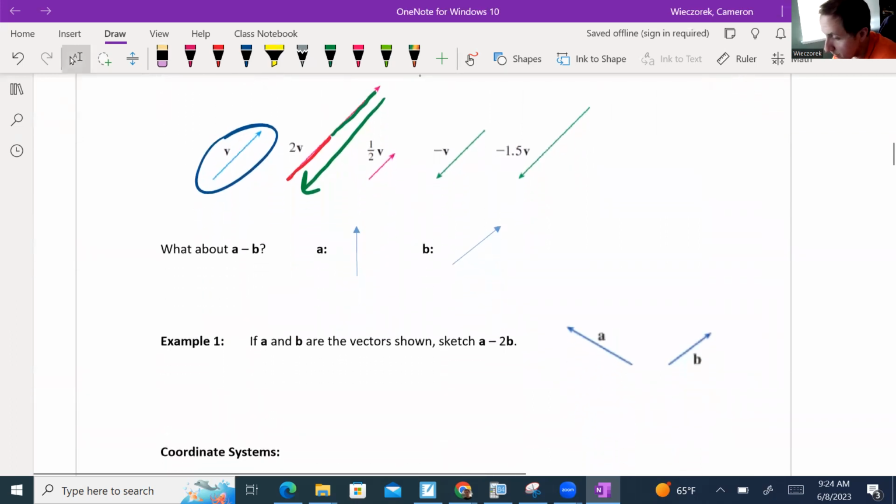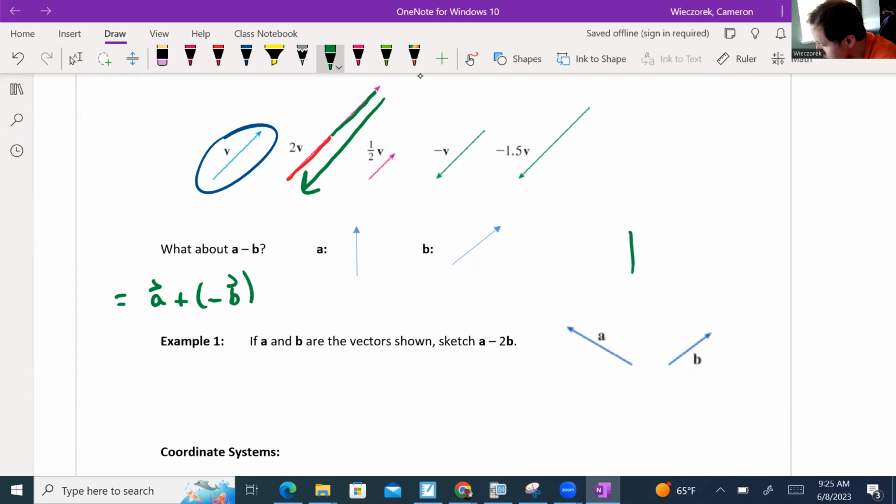So that kind of gives me a way to be able to graph subtraction. If I wanted to graph A minus B, well, I'm just going to think of that as adding negative B. So I'm going to go to A. There's A. Here's B. So I'm going to think about what negative B would be. It's going to have the opposite direction as B, but the same length. I'm just judging the size based on my fingers.